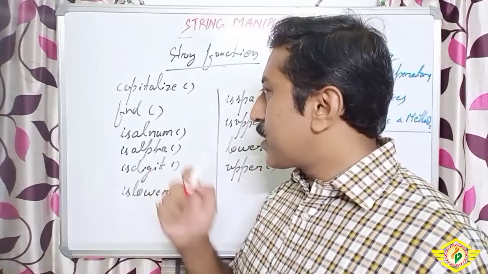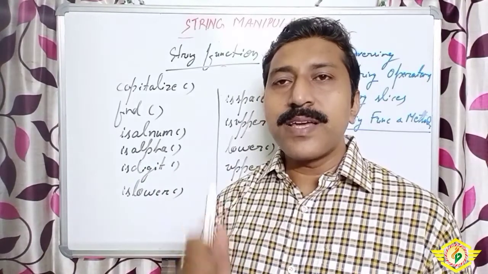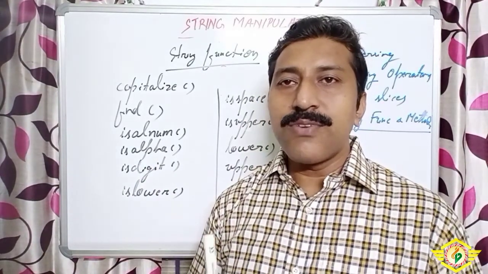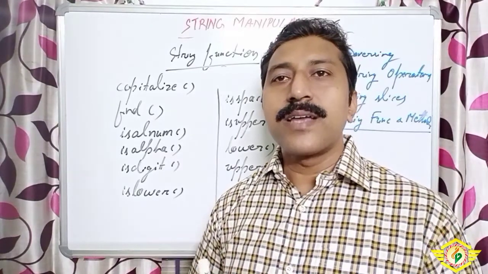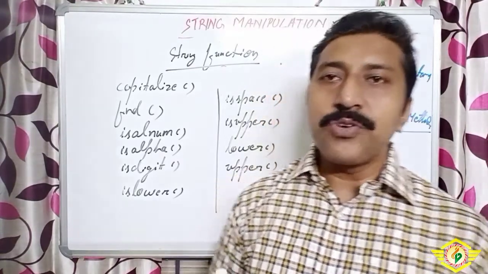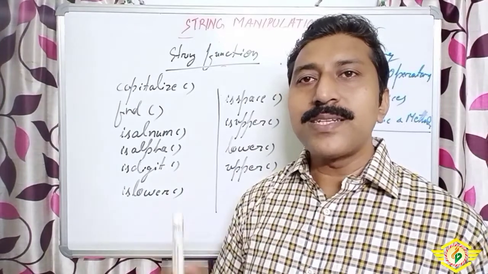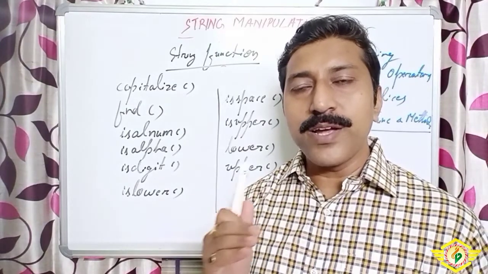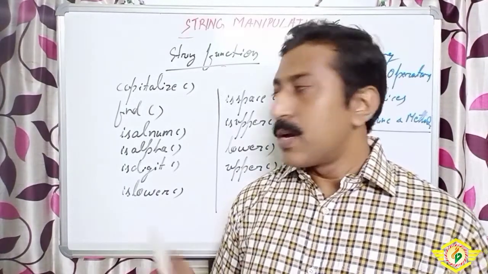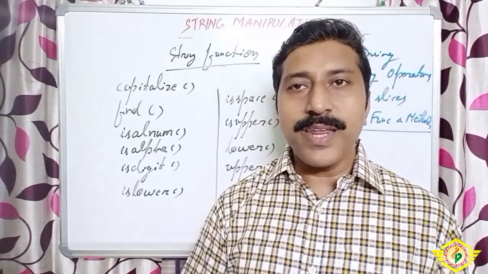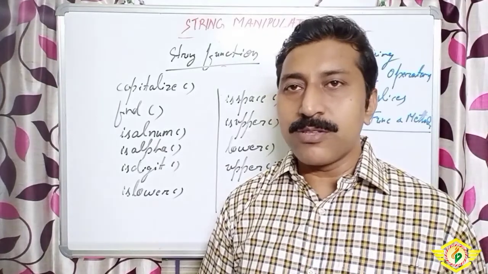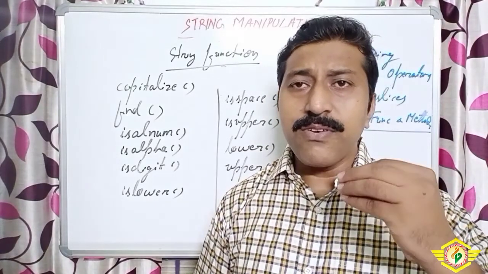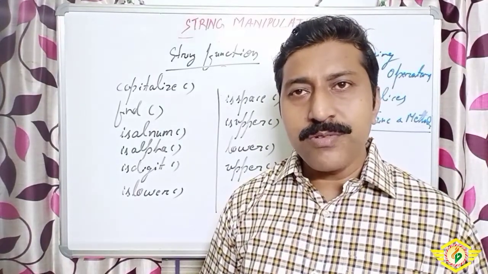Next one is isalnum, that means whether it is alphanumeric or not. If it consists of alphabets as well as numbers, then it will show you the true value. The output is a boolean constant, true or false. Alphanumeric means it consists of alphabets as well as numerics. If only numbers are there, it will also show you true.